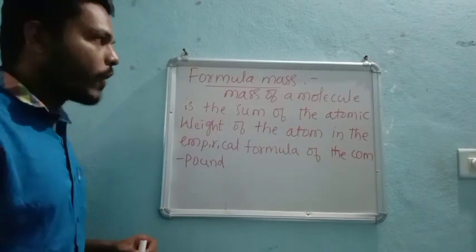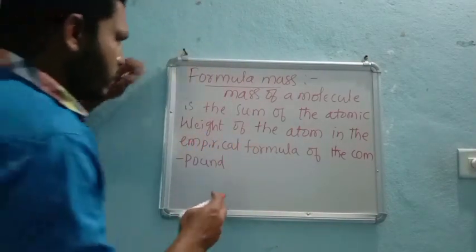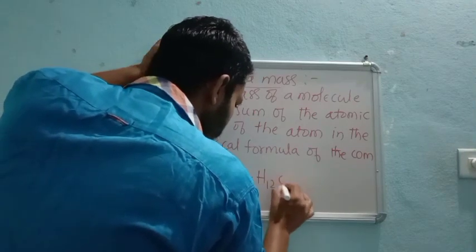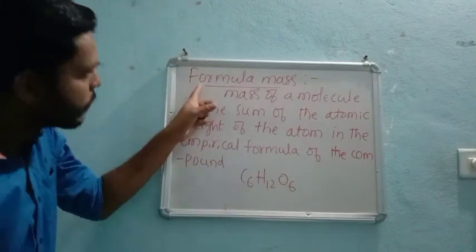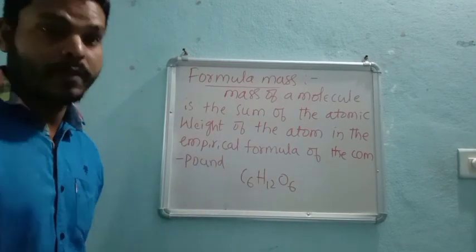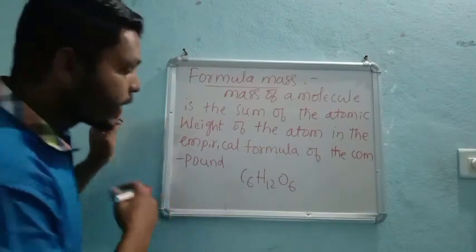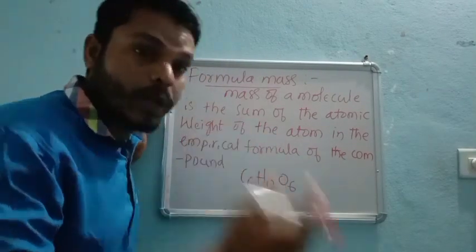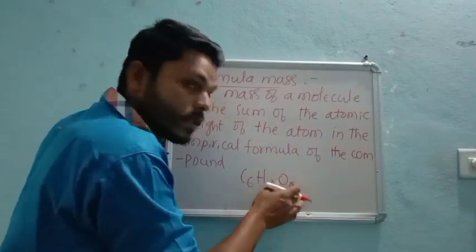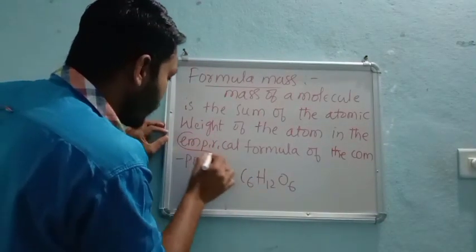Say, for example, if I give you C6H12O6 and ask you to calculate the formula mass, we first find out the empirical formula, then go for the calculation. Otherwise, if you calculate with C6H12O6, it will again be the molecular formula, but we need to identify the empirical formula.